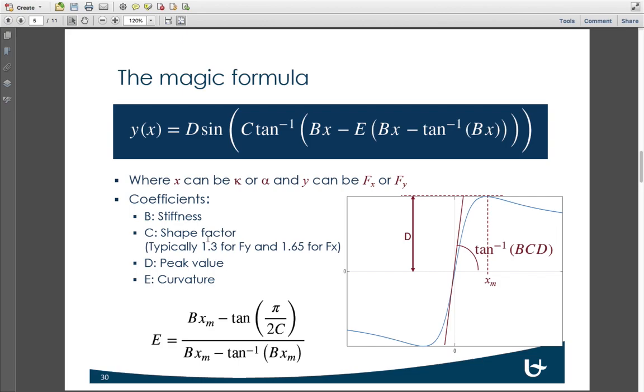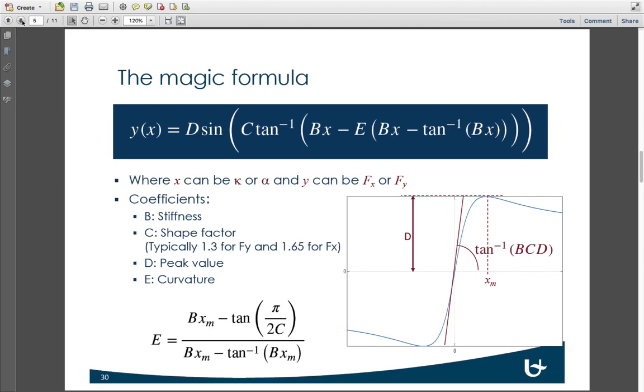When you know D and you know C as well, and we do know C because it's a fixed value, then you can determine, based on this angular value of the tangent, the stiffness B, because we already know C and D. And then the only thing left to determine is the so-called curvature. This so-called curvature depends on B, which we know now already, and C, which is constant, and xm, that's the point at which we observed the maximum value of our curve.